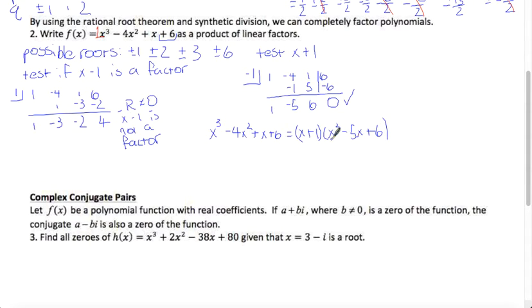And then we don't have to use synthetic division again because we've reduced it to a factorable quadratic. X squared minus 5x plus 6 is going to factor into x minus 2 times x minus 3.